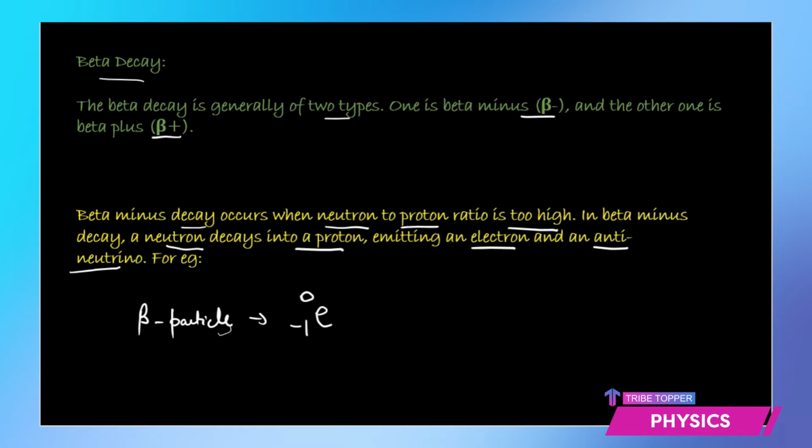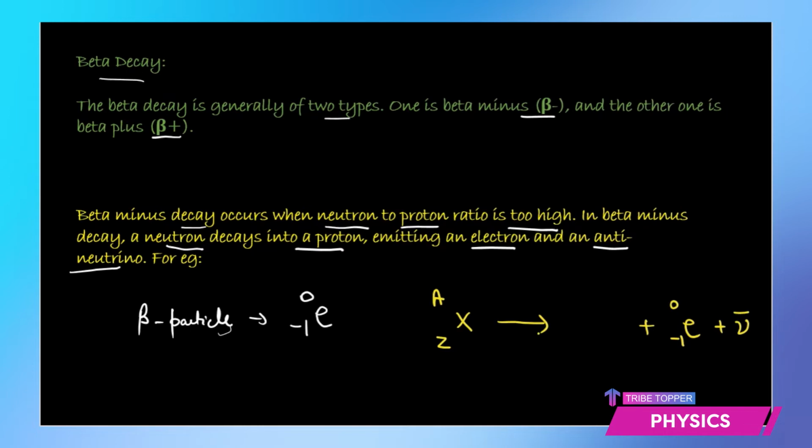According to this, our general equation becomes: if Z X A is your parent nucleus, then by emitting a beta particle, that is -1 e 0, along with an antineutrino, you get a new nucleus. The antineutrino has no charge, so we don't need to worry about that. It's a no charge, no mass particle, just accounting for some extra energy here and there.